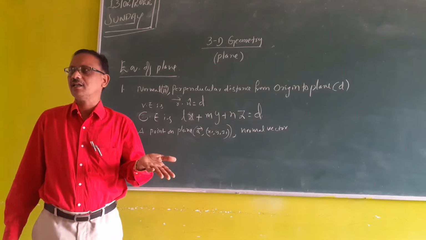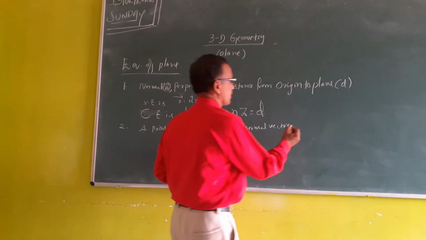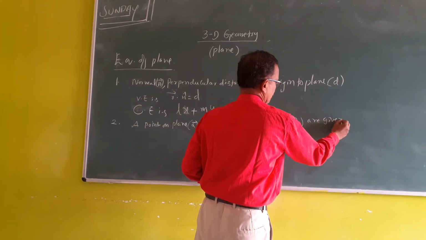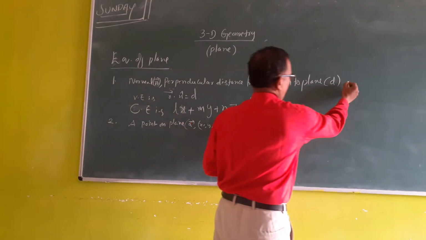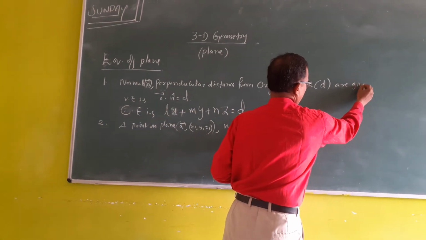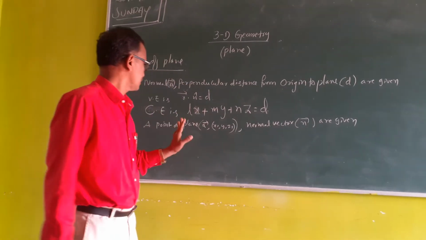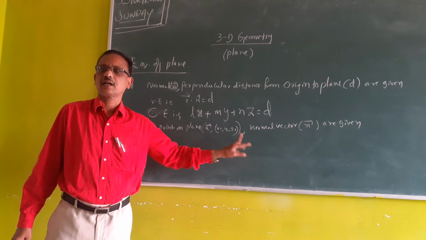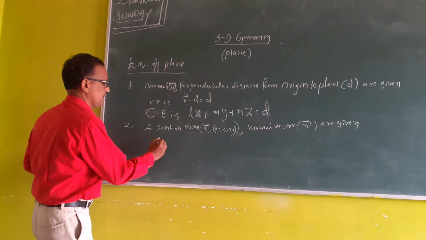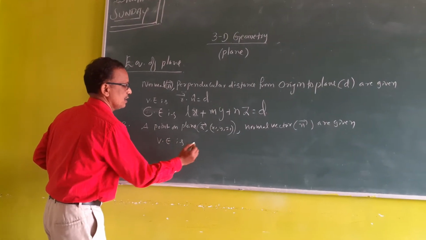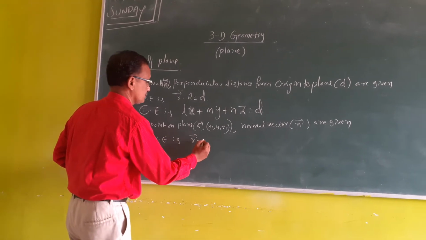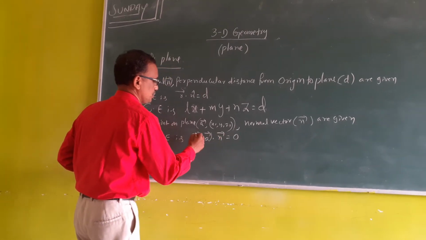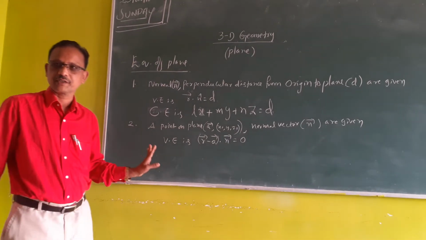That is called indirectly normal vector. So normal vector n bar is given. When these two are given, the equation of the plane, vector equation, is r bar minus a bar dot n bar equal to 0.